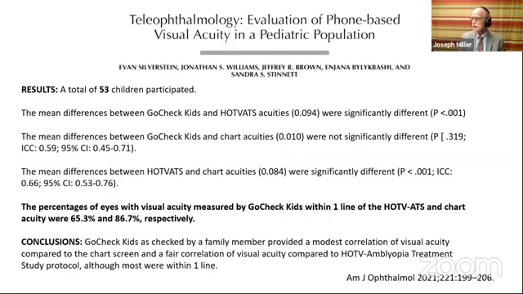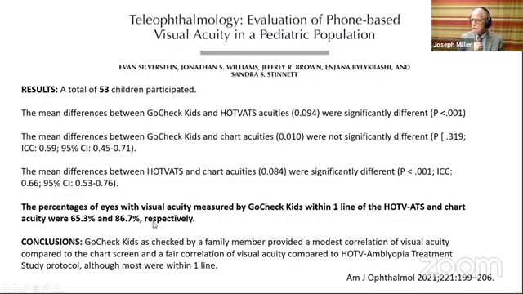Dr. Silverstein did an evaluation of this with 53 children, and while there were significant differences at the statistical level, the differences may be statistically significant, but less clinically significant. I draw your attention to this line down here that says the percentage of eyes with visual acuity measured by Go Check Kids within one line of the HOTV and ATS chart acuities were 65% and 86% respectively.